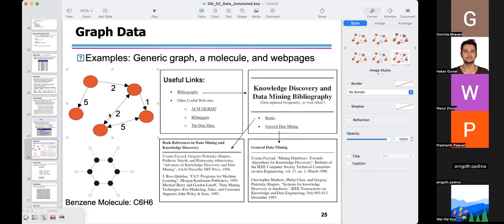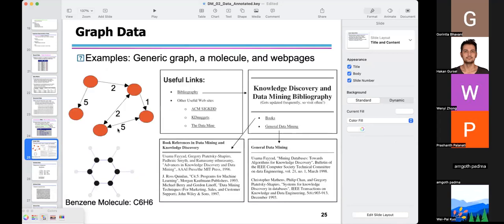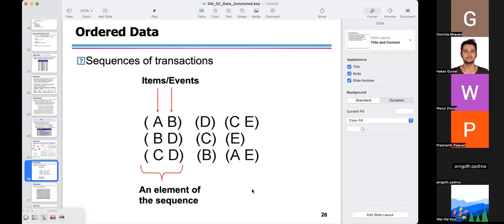So we could have biological data, graph data, that doesn't look like a table. It has a different structure. Then there are sequences of transactions, where it is important the order in which those happened.